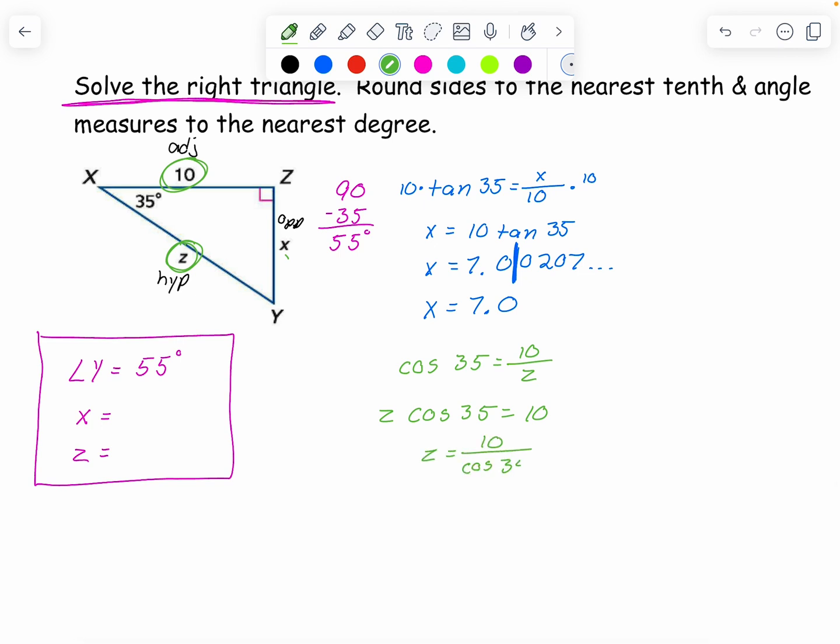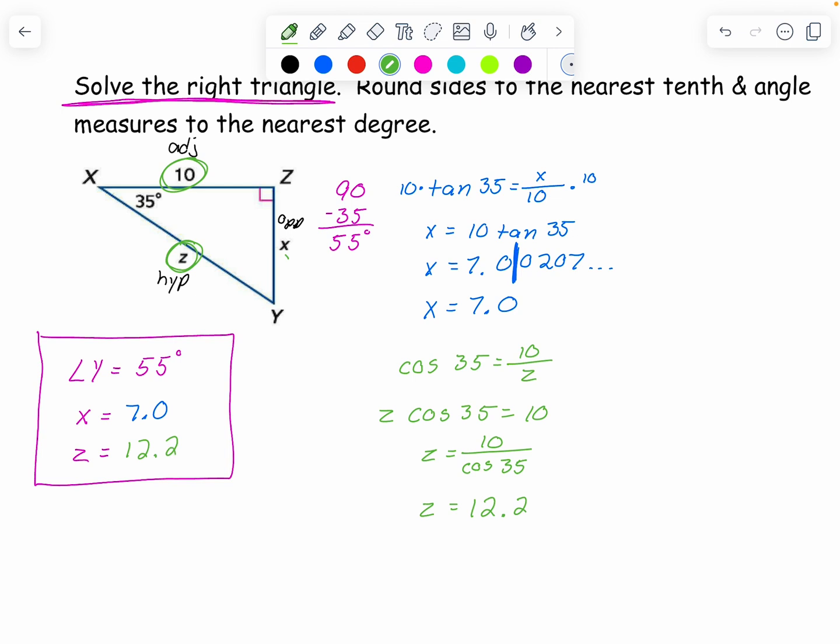So z is 10 divided by cosine 35. So I type that in my calculator, and I get that z is approximately 12.2. So I can fill those into my little answer box. X was 7.0. Z is 12.2.